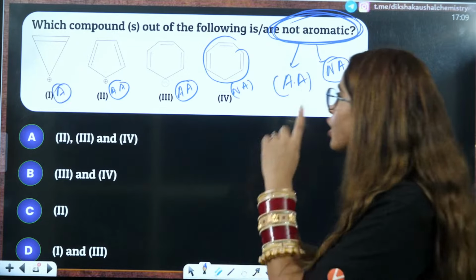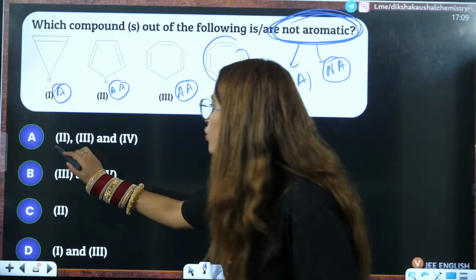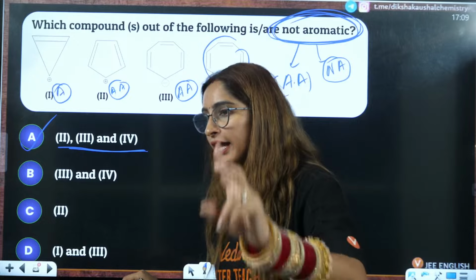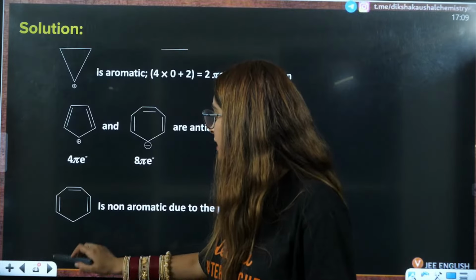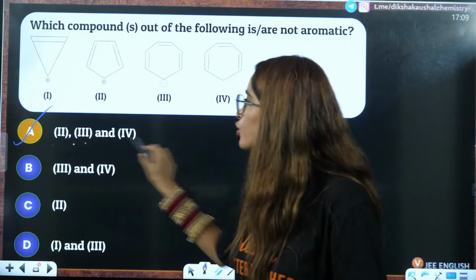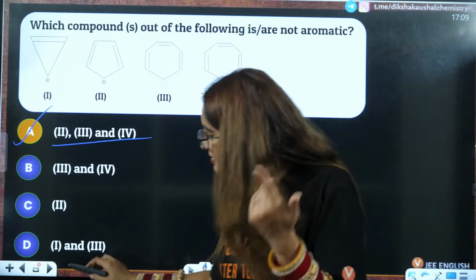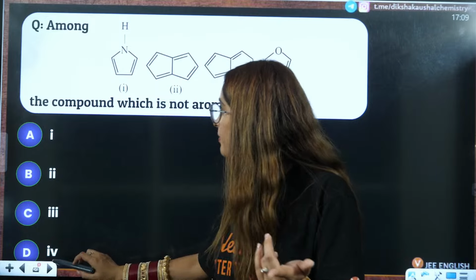So the answer is 2, 3, 4. 2, 3, 4 are under the category of not aromatic. Not aromatic, beta, we are saying. Non-aromatic is only this one. Not aromatic means either anti-aromatic or non-aromatic.